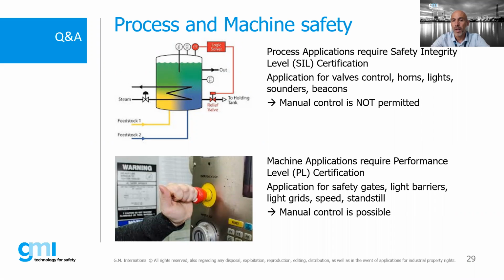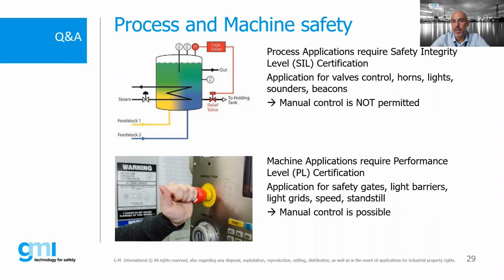That is not permitted in the certification. While for machine applications, there is a performance level certification, which is a little bit different. We are talking about safety gates, light barriers, speed and standstill, a different application. And there is really manual control.